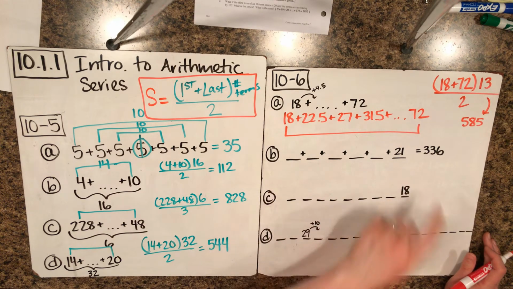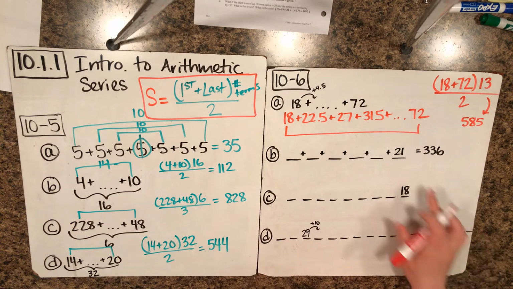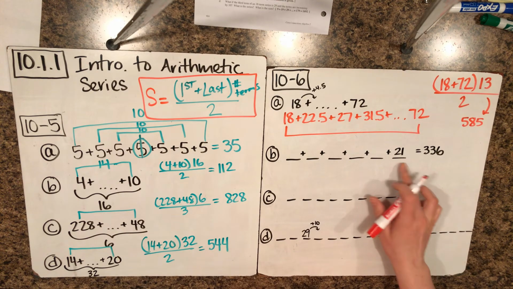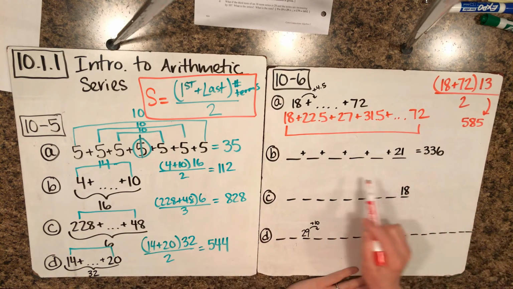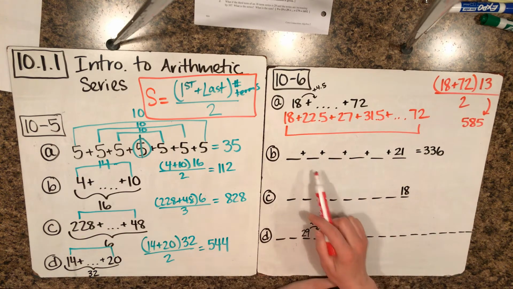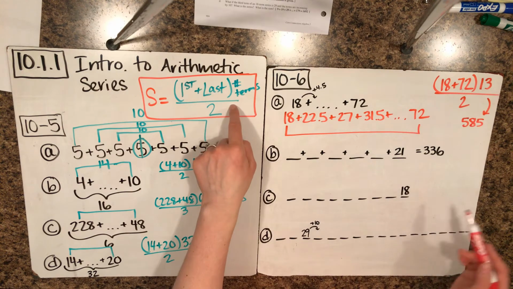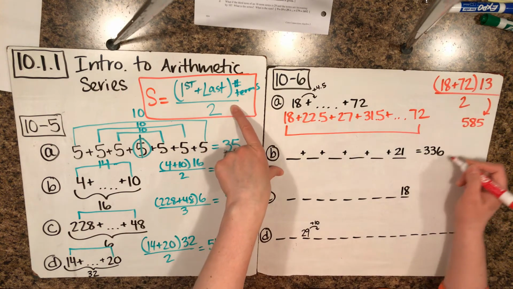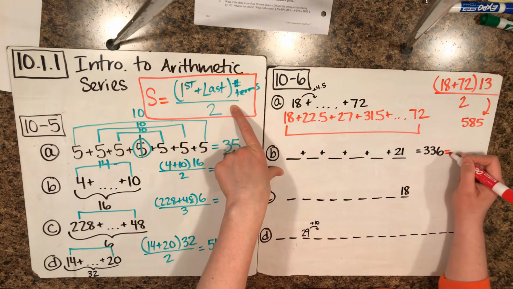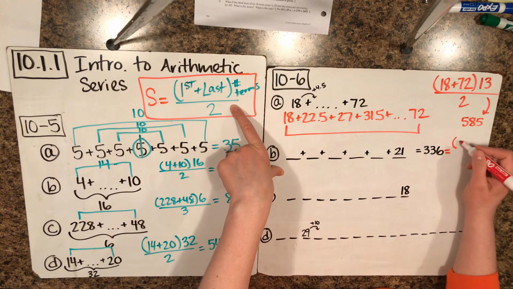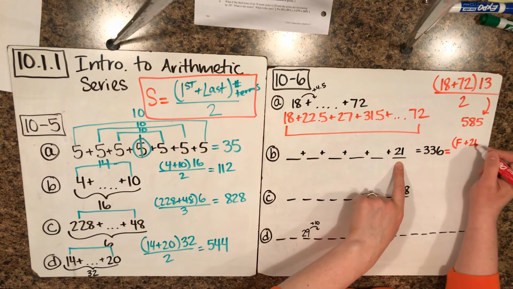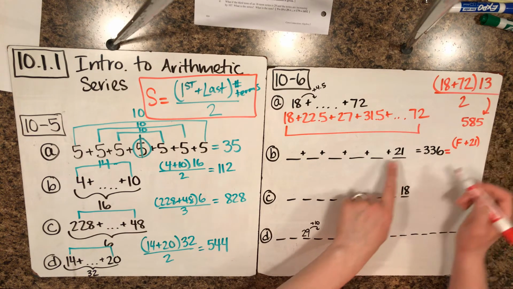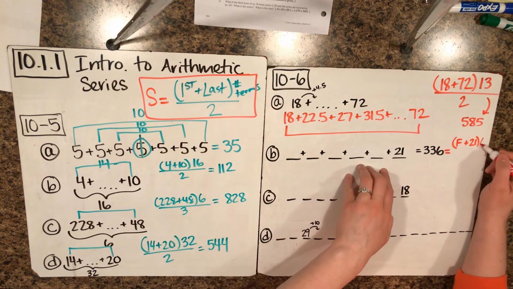Okay, part B, what if you know there are 6 terms? So I made 6 blanks, and they said the last term is 21 and the sum is 336. What's the series? Okay, now in order to do this, I can work backwards from here. So my sum is 336 equals the first term, which I don't know, I'm just going to say F for first, times the last term, which I do know is 21, and I do know they told me that there are 6 terms.